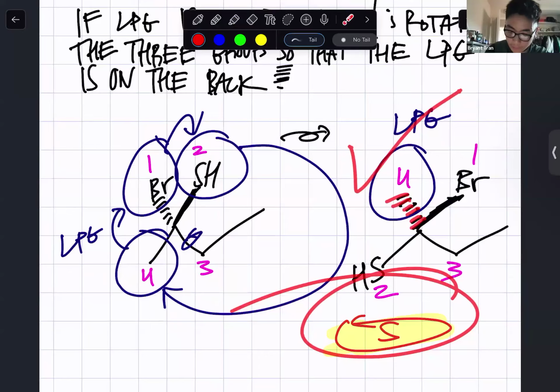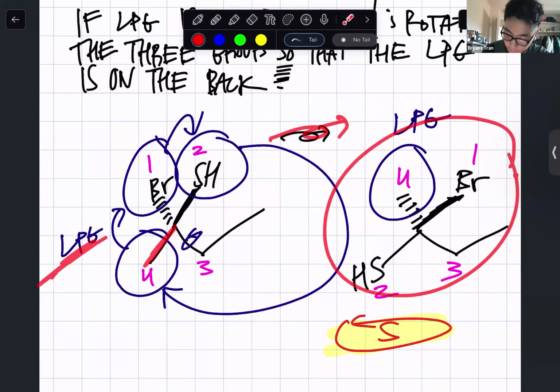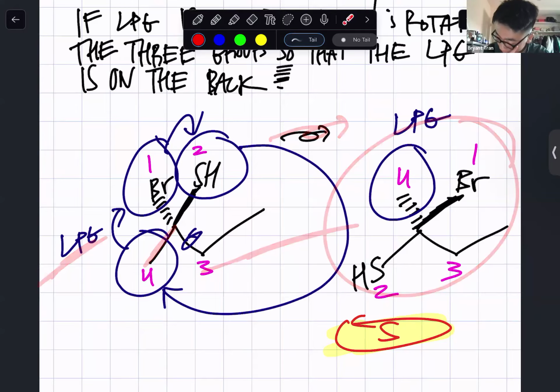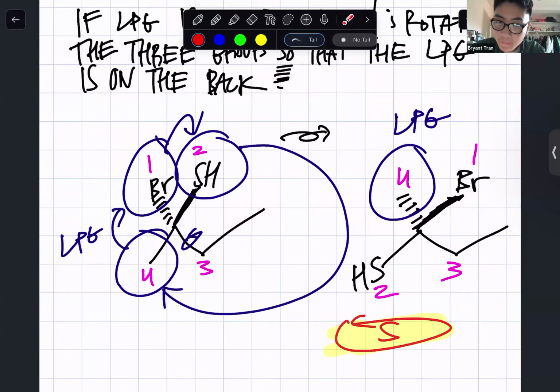That's why we have to rotate it. We only do this rotation when the LPG is on a flat bond like this originally. We would have to rotate it and draw this structure here, which is the same thing as this. It's just drawn differently, which allows us to assign R and S more accurately. Okay. Did that make sense, Amit? Yes, thanks. That's good.